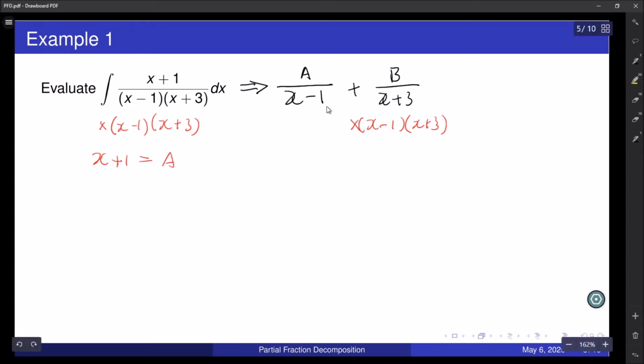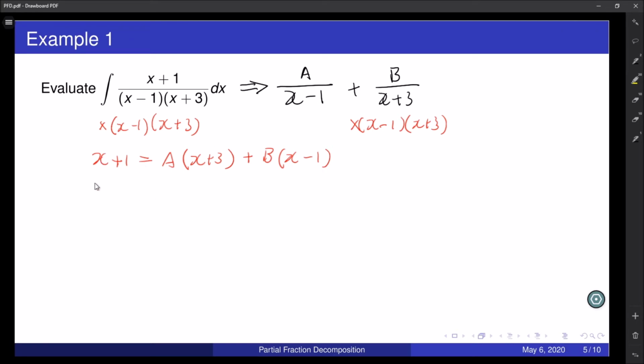a. x minus 1 cancels out with x minus 1, and x plus 3 stays, and then plus b. x plus 3 cancels out with x plus 3, so we end up with b times x minus 1. And now we can try to solve this.